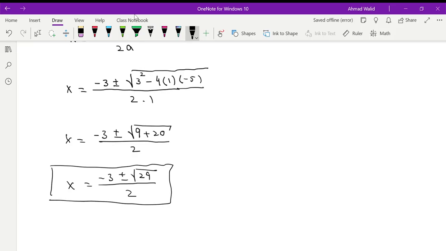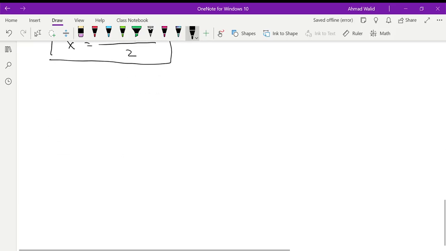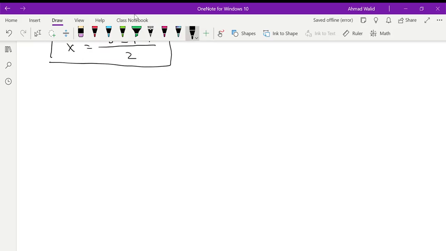Correct? Let me do another example with more signs. Maybe you can factor this example, but I will not factor. I will use the quadratic formula. For example, x squared minus 7x plus 12 equals 0.